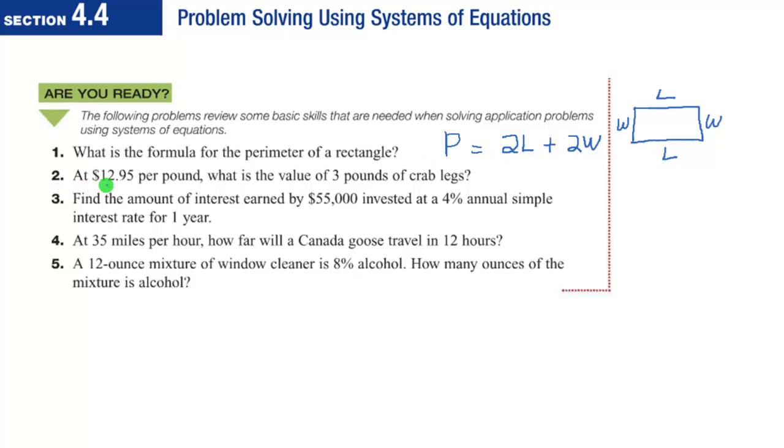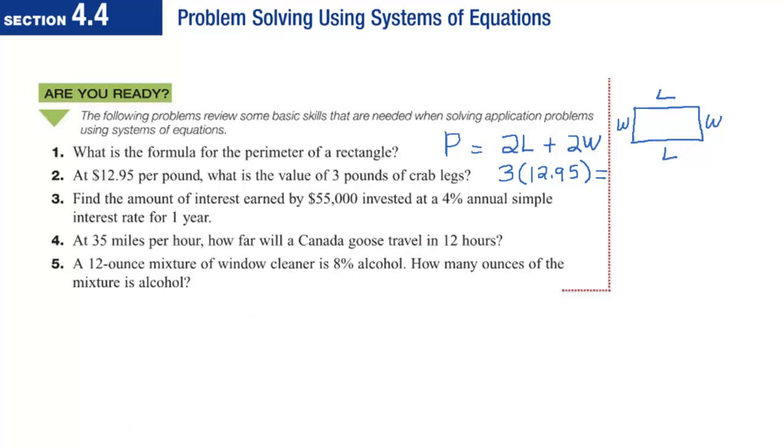Number 2 says, at $12.95 per pound, what is the value of 3 pounds of crab legs? Well, if you're buying 3 pounds and each pound is $12.95, then you know you're going to have to multiply. So that'll be 3 pounds times $12.95.